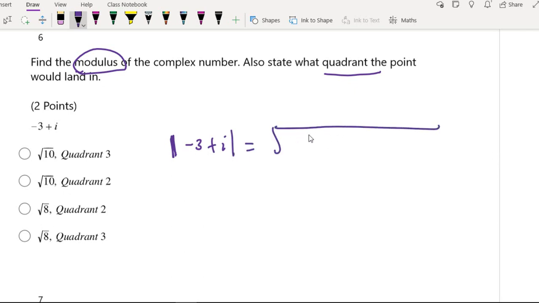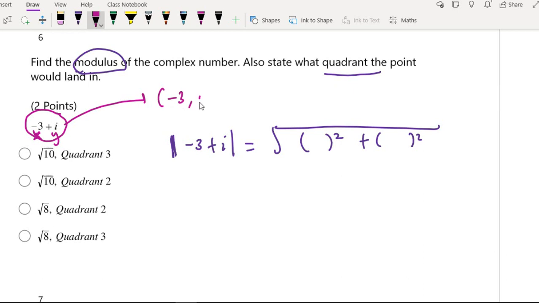In the formula, you have to substitute negative 3, 1 from the given complex number. This is the x value, the real part. This is the imaginary part. So you get the coordinate negative 3, 1. Just substitute negative 3 here and 1. Then simplify. 9 plus 1, 10.